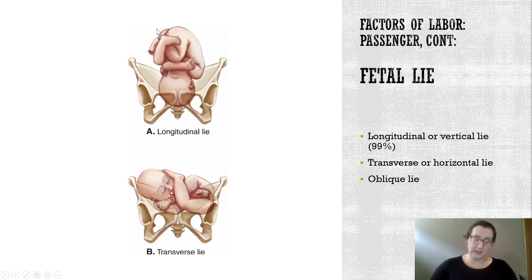Their spine is going to be parallel to their mother's. Whereas a transverse, we're going to have that shoulder presentation, and in this case their spine is perpendicular to their mother's. Okay. This is highly uncommon. It usually will rotate one or the other.